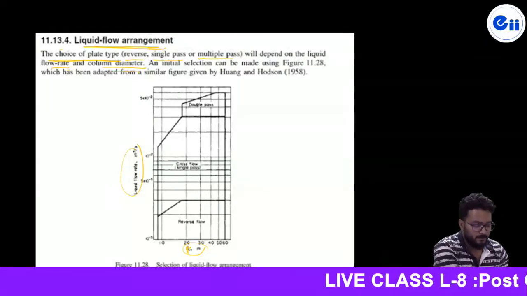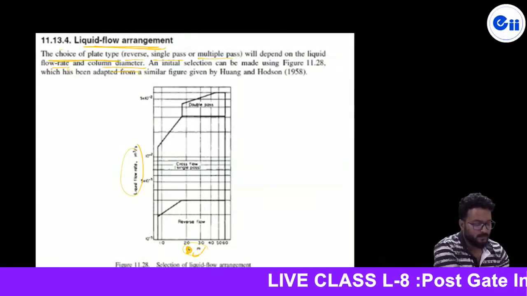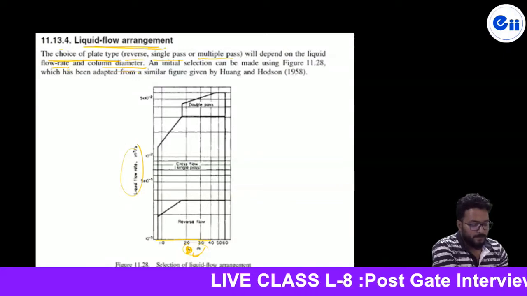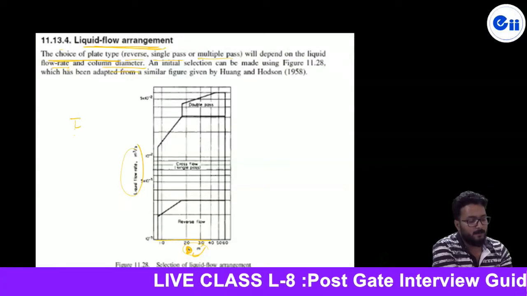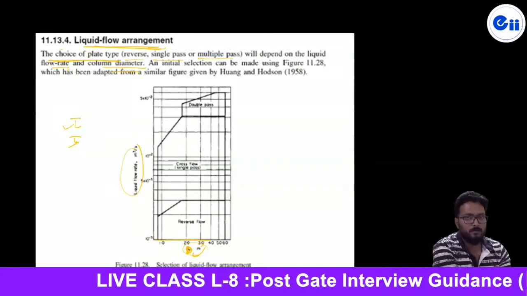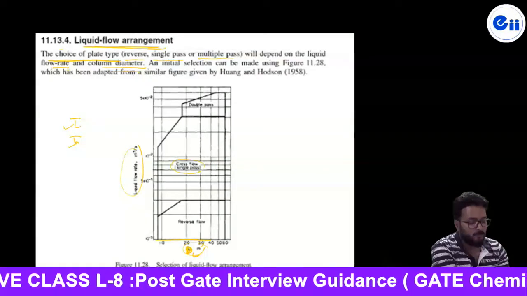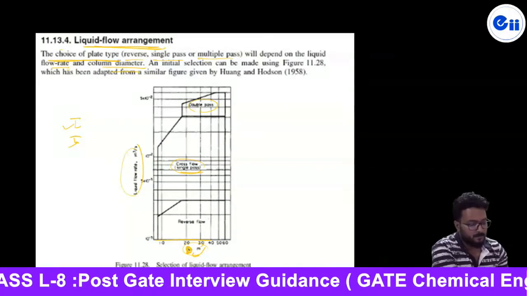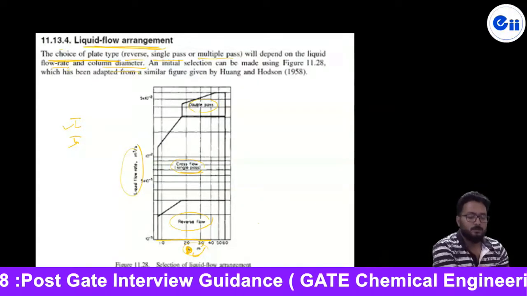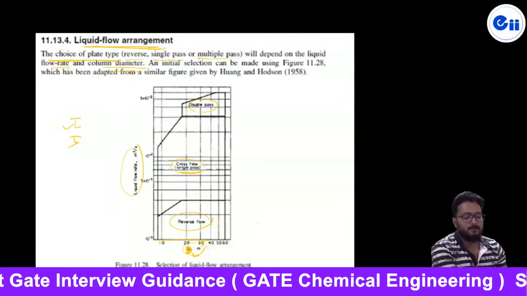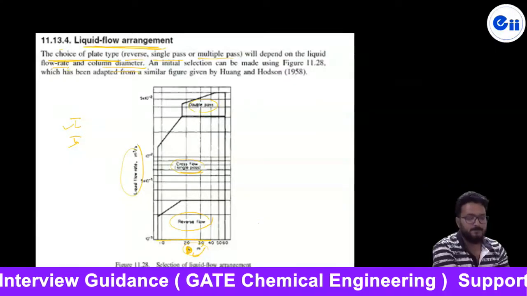It is diameter DE or DC. So column diameter is known to you. Liquid flow, L bar or L, we have already calculated in the first step. On the basis of that, we should know what types of flow: cross flow, called single pass, double pass, and reverse flow. These different types of flow are there, and for this is the figure here.